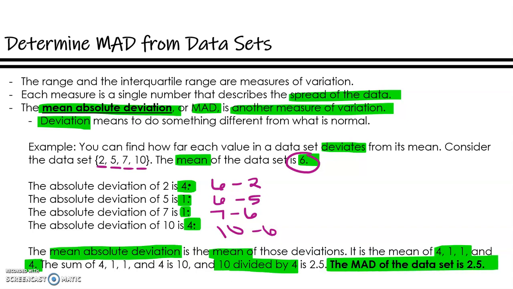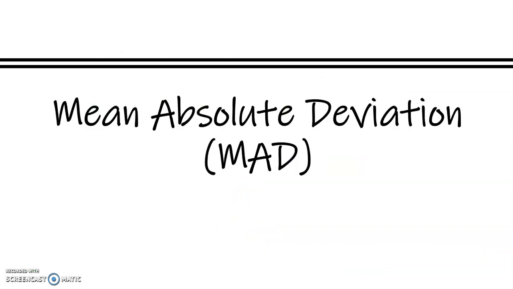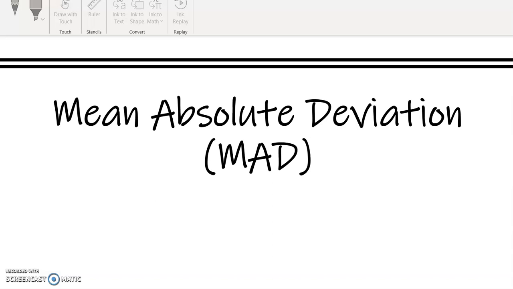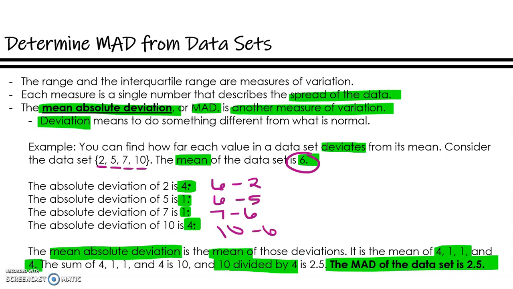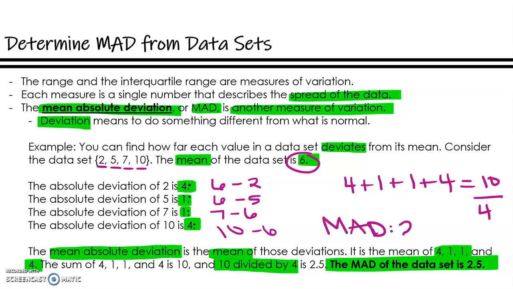The MAD is 2.5. So again, here are your steps. You're going to add 4 plus 1 plus 1 plus 4. That is 10. You divide by 4 because there are 4 numbers. And that means that the MAD is 2.5.